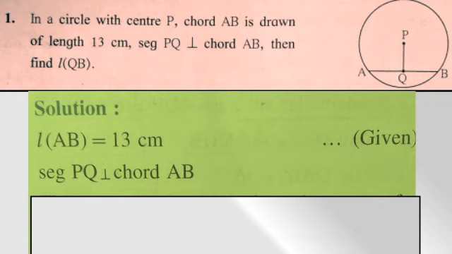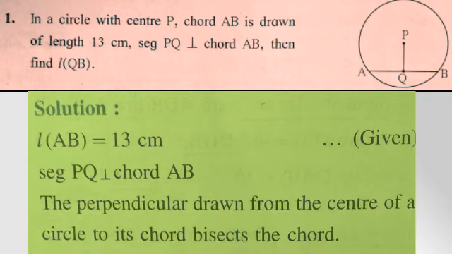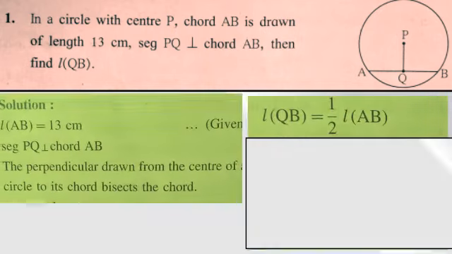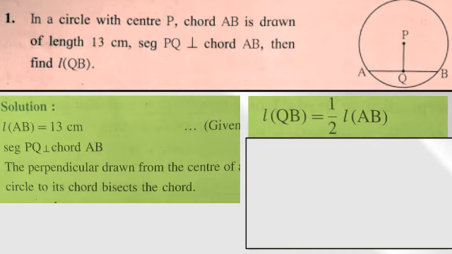If you remember the properties, then among the two properties, the first property is applicable in this case. With the help of that, we can find the length of QB. So let's write the property. The perpendicular drawn from the center of the circle to its chord bisects the chord. Therefore, the length of QB is equal to 1/2 the length of AB, that is the chord. Let's put in the values.